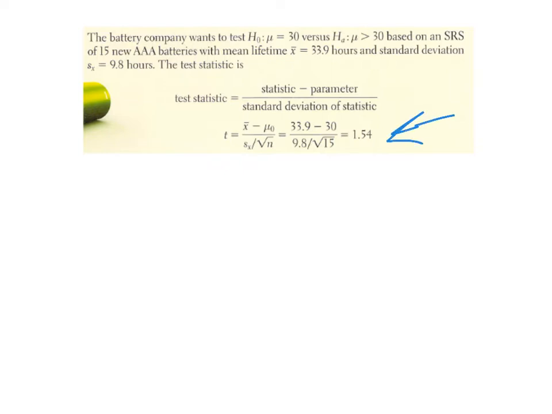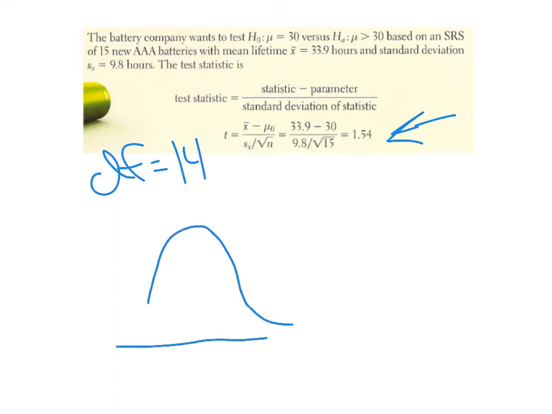Once I have that test statistic, I can use that to find my p-value. Remember, on my t, I need to use my degrees of freedom, which in this case would be 14, because I had a sample of 15, so 15 minus 1. I can sketch out the curve for this.